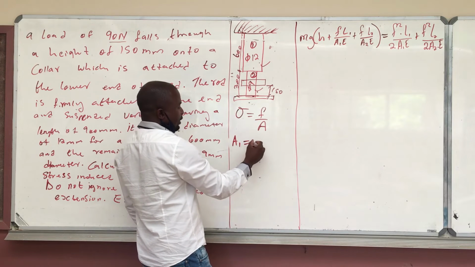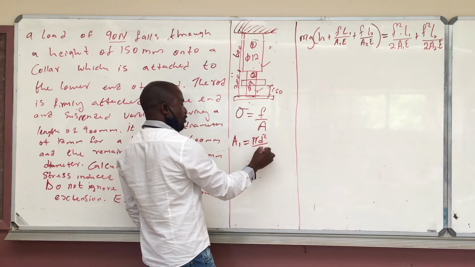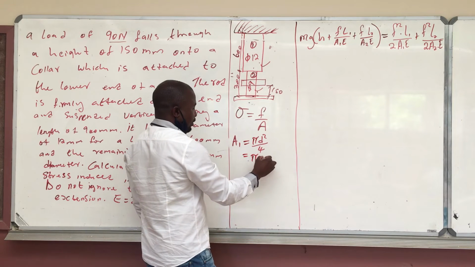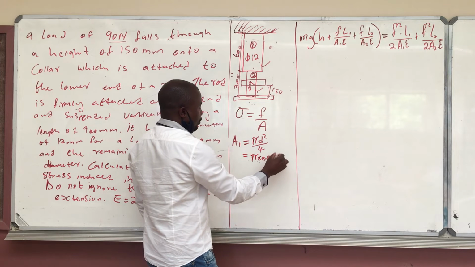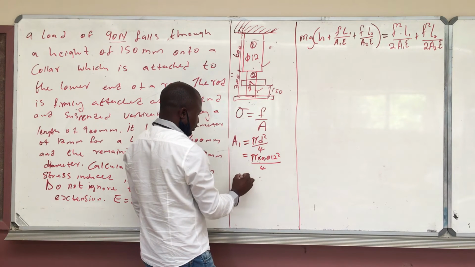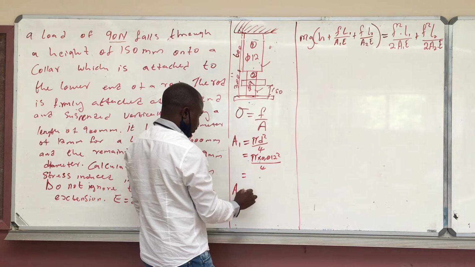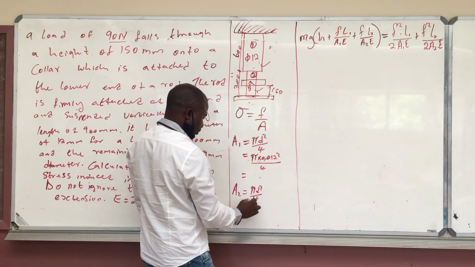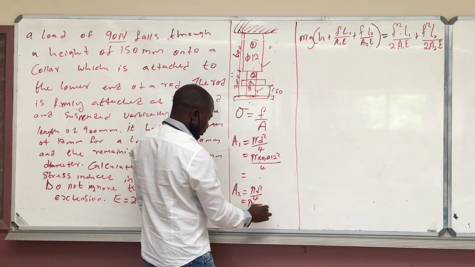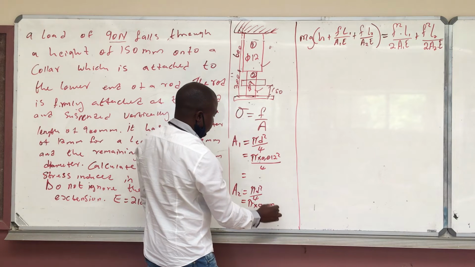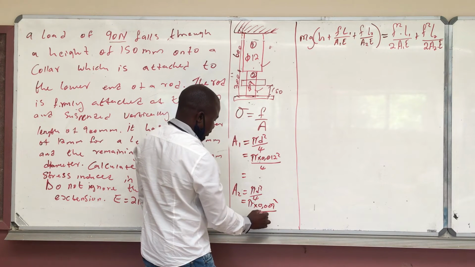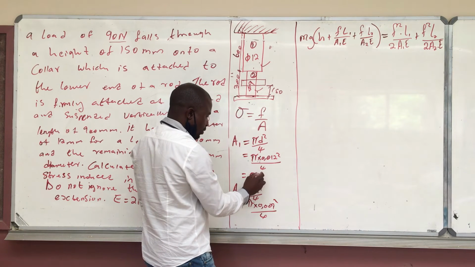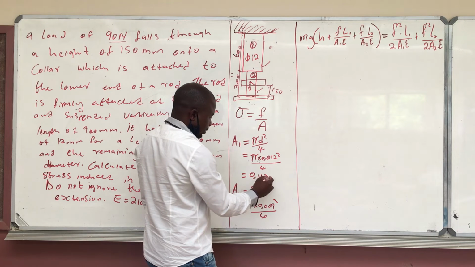So area 1 will be pi d squared over 4, which will be pi times 0,012 squared over 4, and what do you get? 0,113 meter square.